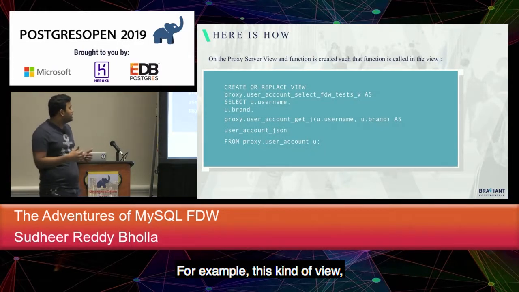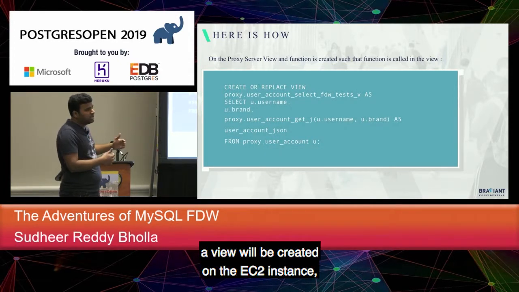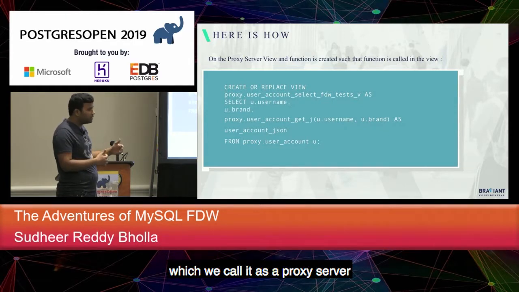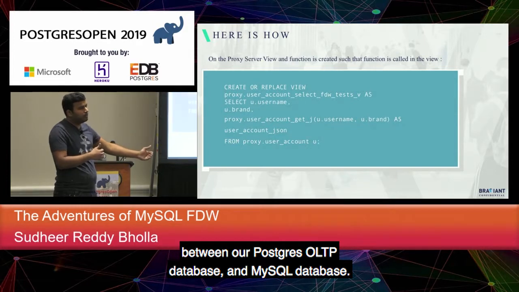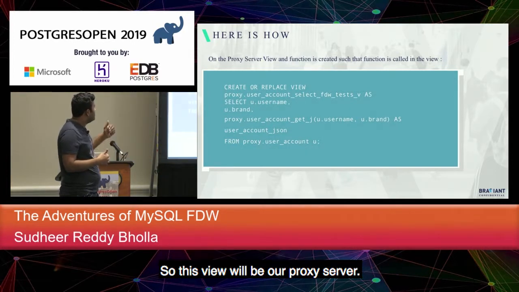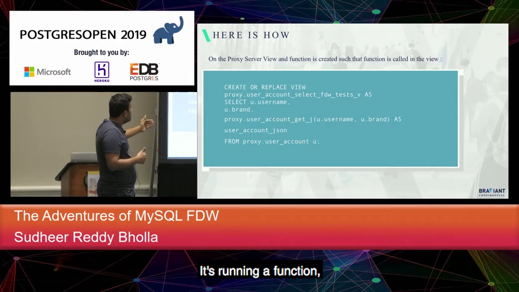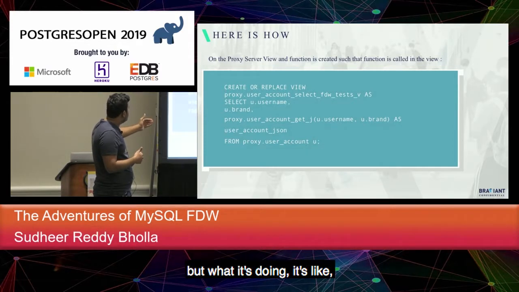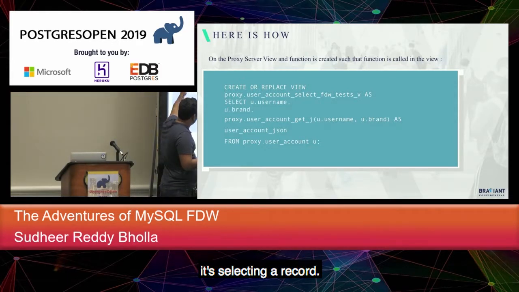Like, for example, this kind of view, a view will be created on the EC2 instance, which we call a proxy server between our Postgres OLTP database and MySQL database. So this view will be on the proxy server. What is this doing? It's running a function accessing a table, but what it's doing is selecting a record.